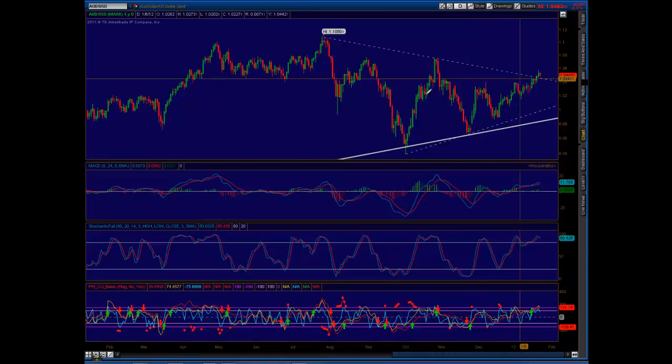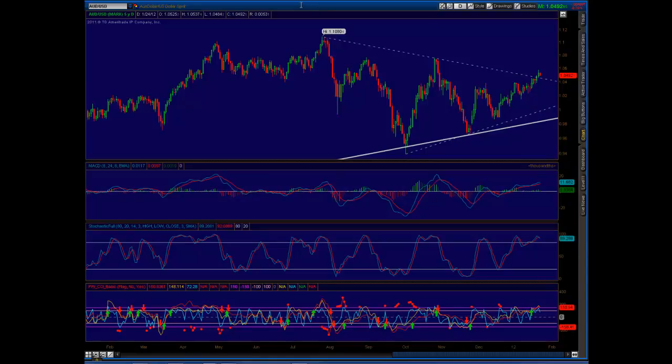So again, this is the Aussie dollar against the US dollar, and I will be looking for a couple of days of consolidation after we broke this pattern to the north. We'll probably come back and backtest it before we continue to higher prices.